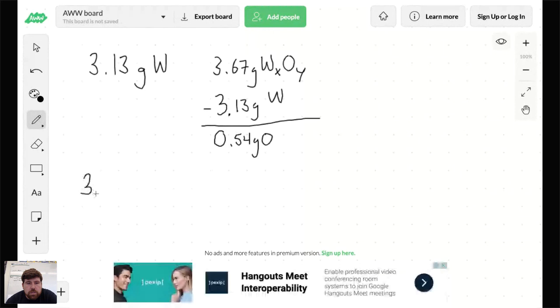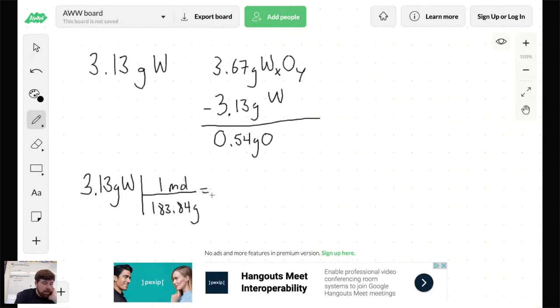So the first thing we're going to do is take the mass of tungsten and convert to moles using the molar mass. Molar mass of tungsten hasn't changed. It's 183.84 grams for every 1 mole. Calculating this out gets us 0.0170 mole of tungsten.